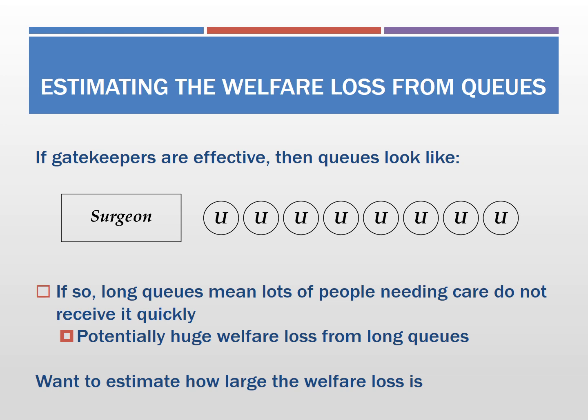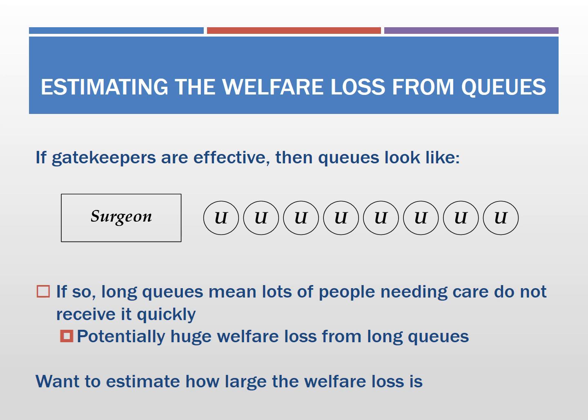However, even when applying the gatekeeper, if we still see a very, very long queue in the healthcare system, it signifies that there is insufficient capacity to deliver valuable medical care in the country.